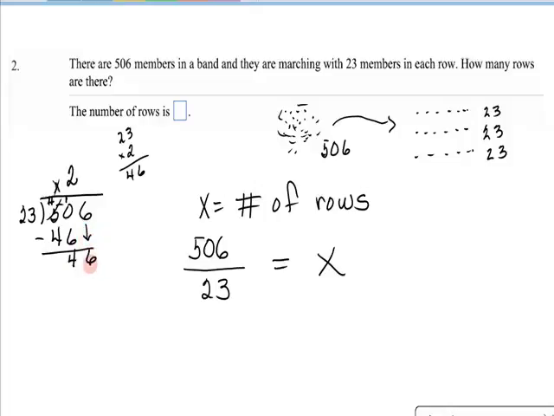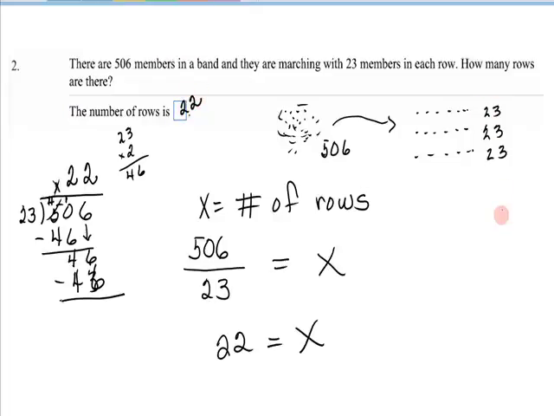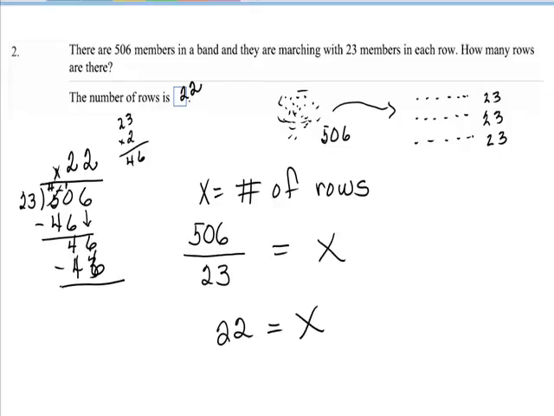Bring down a 6. Does 23 go into 46? Yes, we already saw that. It went in 2 times. 2 times 23 is 46, and remainder 0. That means that 22 is X. My statement up here says the number of rows is 22. So if you have 22 of these 23s, you would have 506.